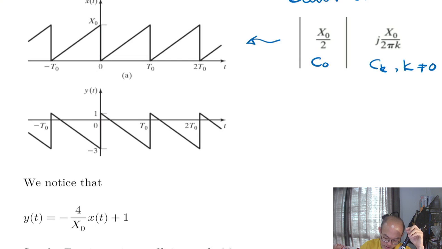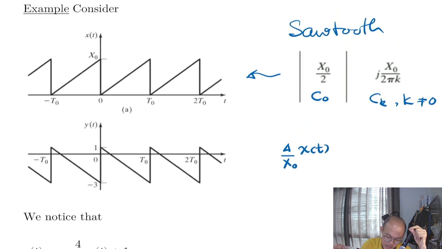Okay, so somehow we have to scale the amplitude of x by a factor of 4 over x0, so 4 over x0 times x(t). If I do this, then I'm scaling this one.